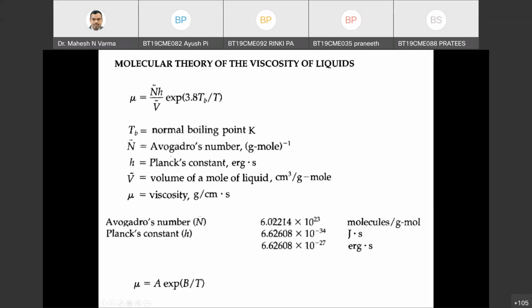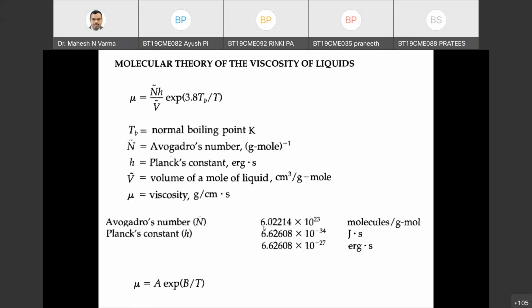This indicates the number of molecules in 1 gram mole of any compound. This is true for any compound: 1 gram mole of a compound will have 6.02214 into 10 raised to 23 molecules per gram mole. This is Avogadro's number.